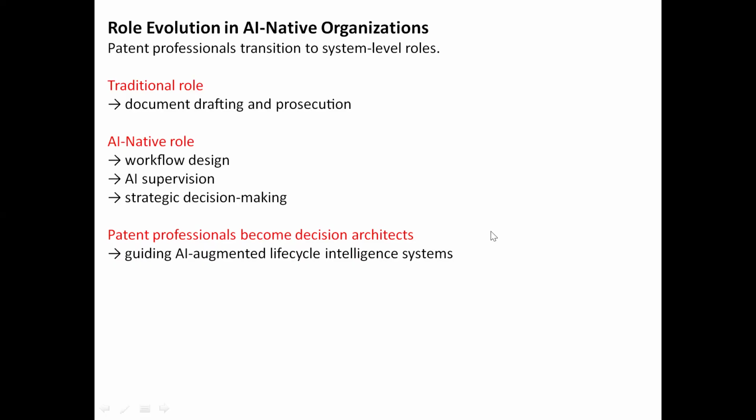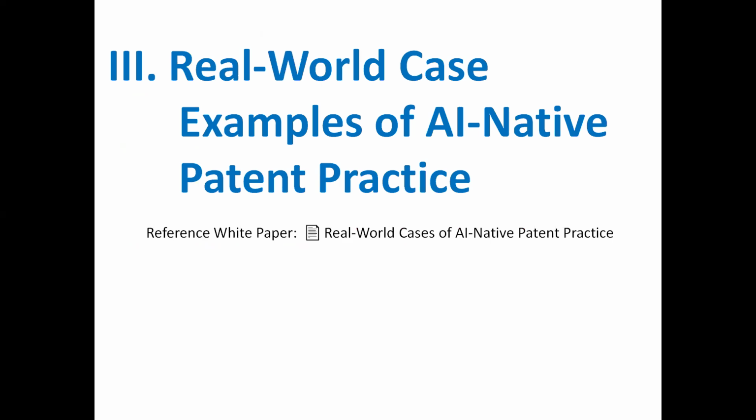Okay, so, a real world case example. This is one that I just searched for over the internet, based on previously disclosed information. I looked at specific law firms, in their posts on their sites or other sites where they share their experience of AI native patent practice, or in-house divisions. All these cases are real world cases because they are based on disclosed information.